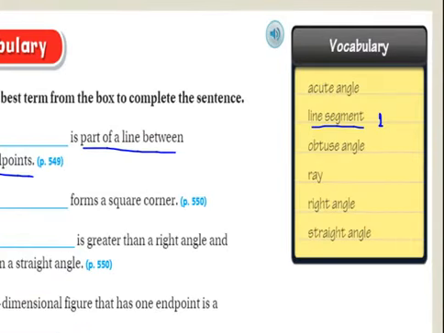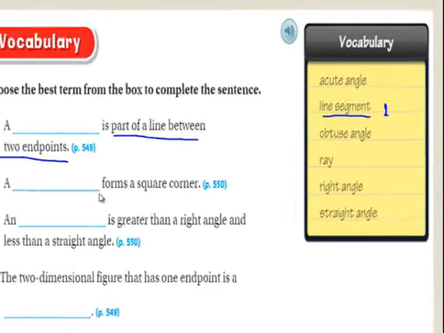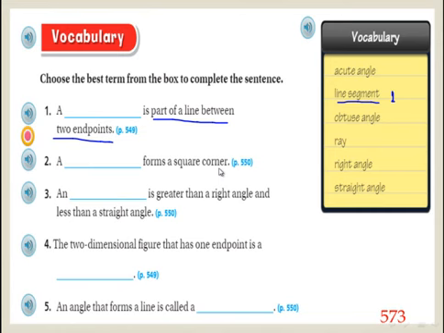Number 2, a what forms a square corner? Great. A right angle. Great job. Here, this word for sentence number 2. Okay, number 3.